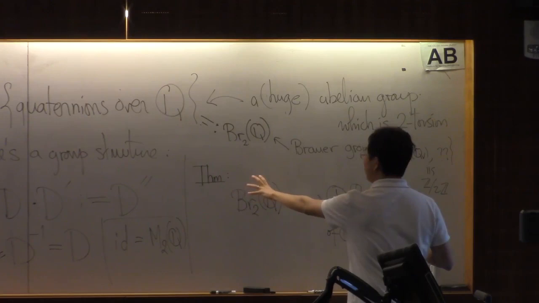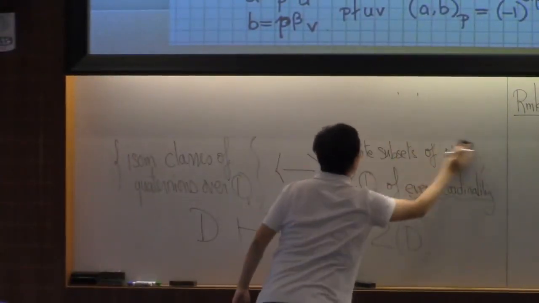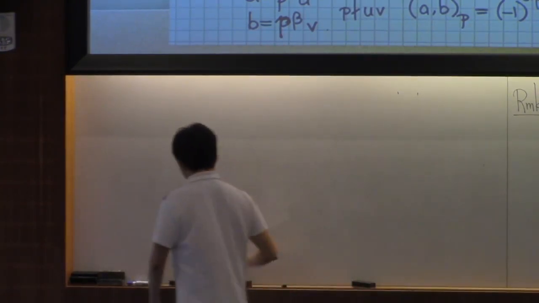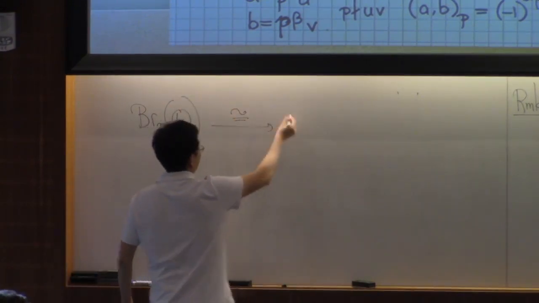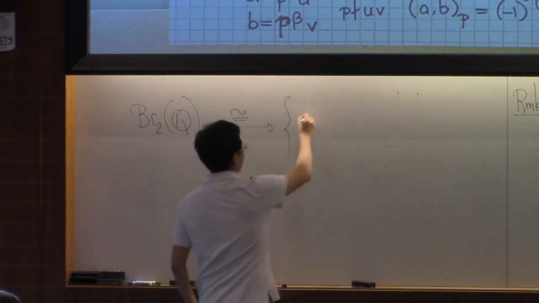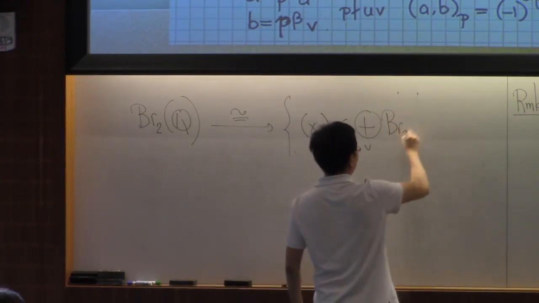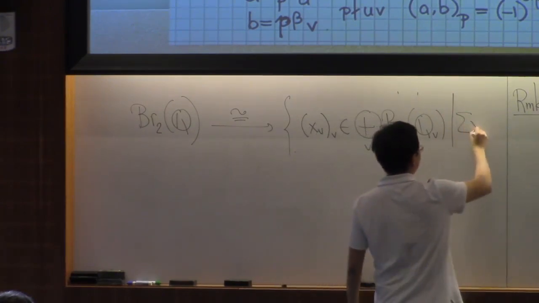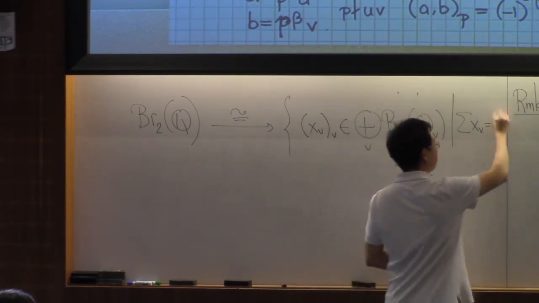And this is really a big group. Now I can rewrite this in a nicer way, which is that the Brouwer group of Q is isomorphic to a subset inside the direct sum of the Brouwer groups of each local place, such that the sum of these is zero.